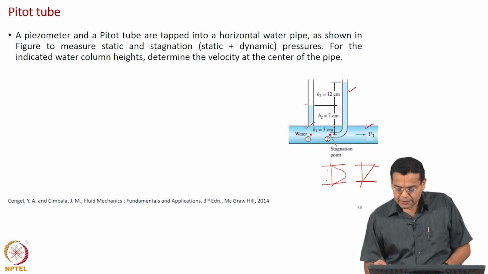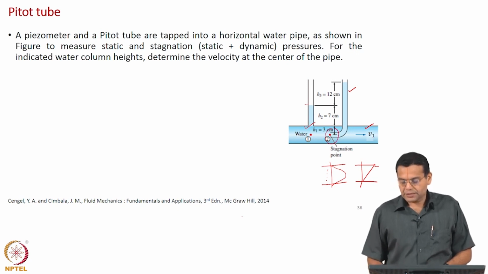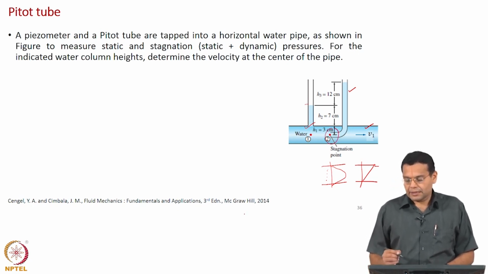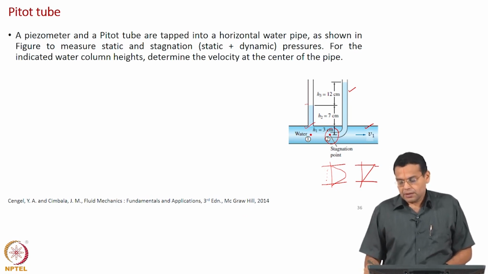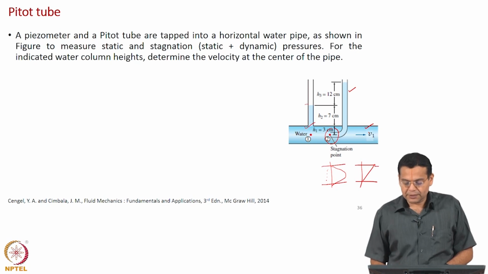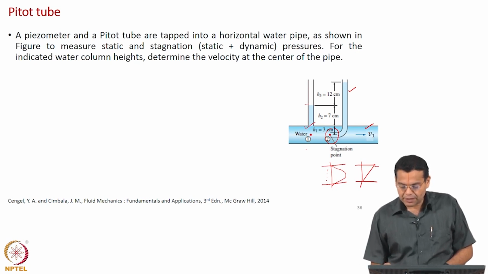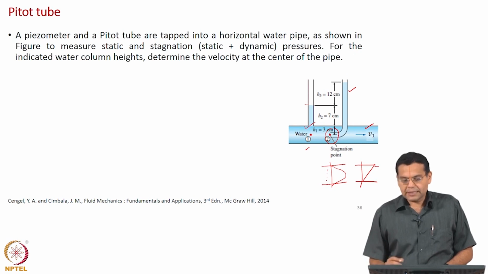Now, you make another tube of this shape, L shape. Why L shape? This end should face the flow. And once again water rises in this tube as well. What happens now? Let us say water has some velocity at point 1, and when it reaches point 2, it gets decelerated, and the velocity becomes 0 at point 2.